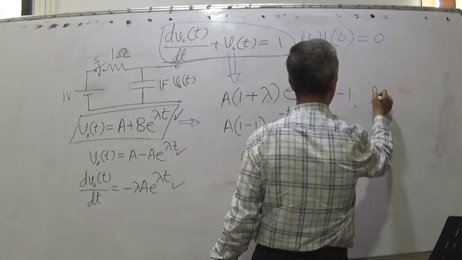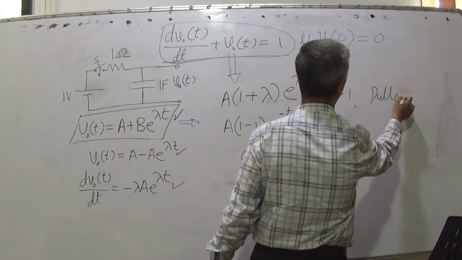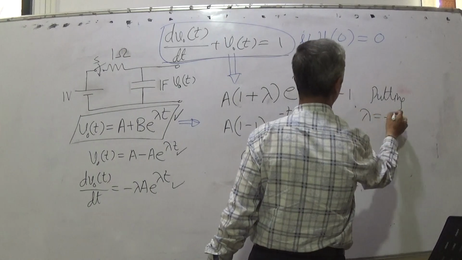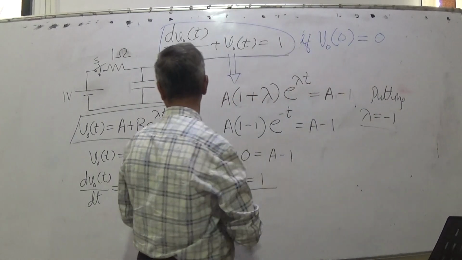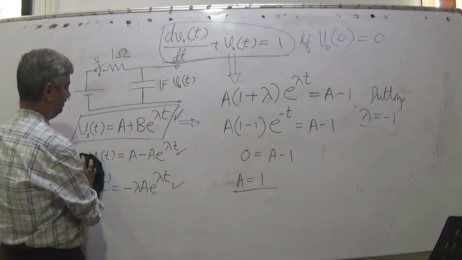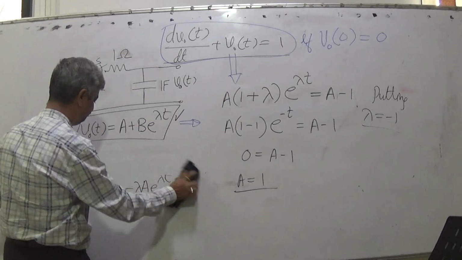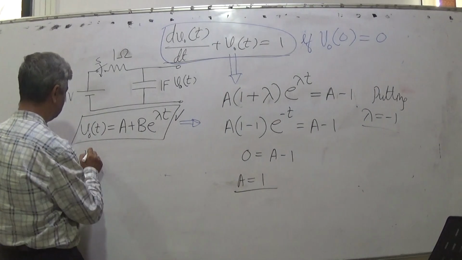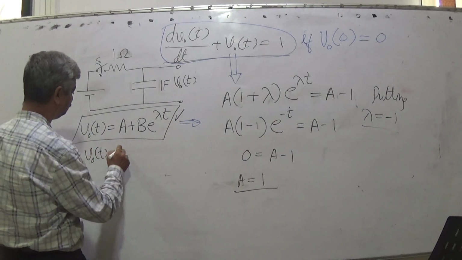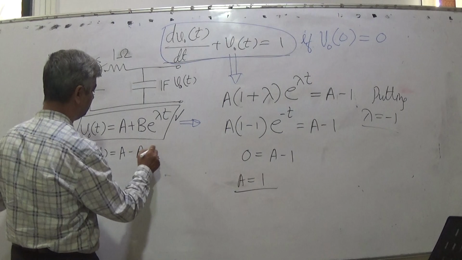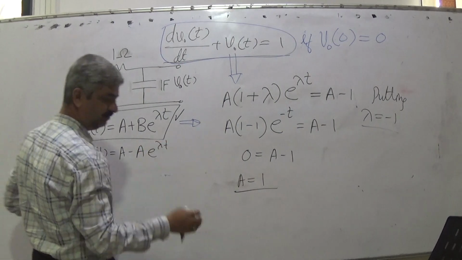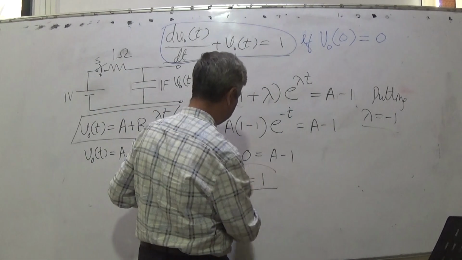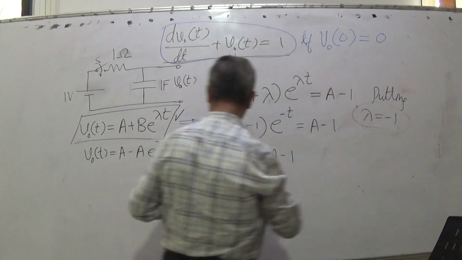So we start with lambda equal to minus 1, and I get a equal to 1. We started with V of t as a minus a e raised to lambda t. So the final answer is lambda equal to minus 1 and a equal to 1.